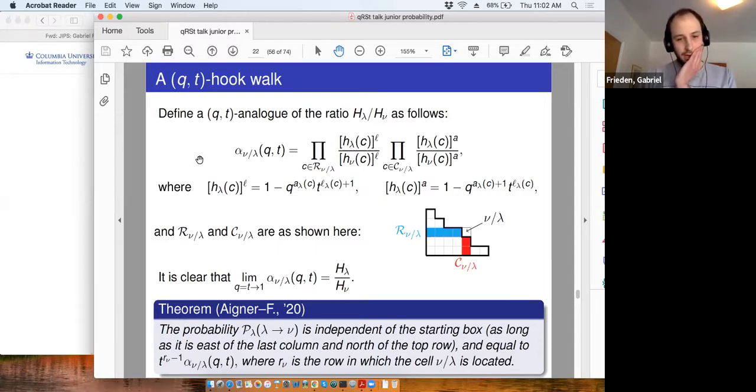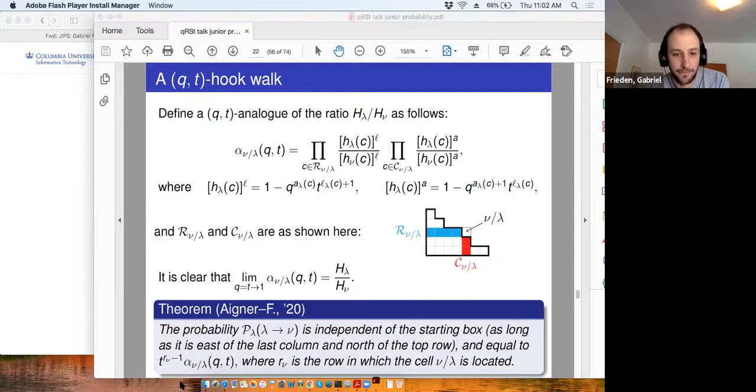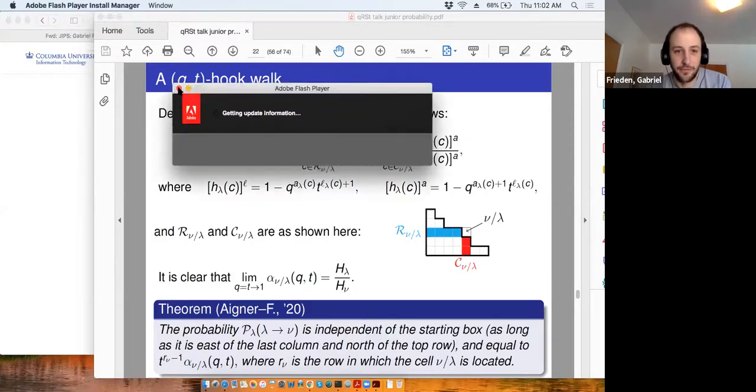One thing you can see is that if t is equal to 0, then the only way this will be non-zero is if the box is in the first row. This corresponds to the Borodin-Petrov algorithm. In fact, it is the Borodin-Petrov algorithm where you always add things to the first row.